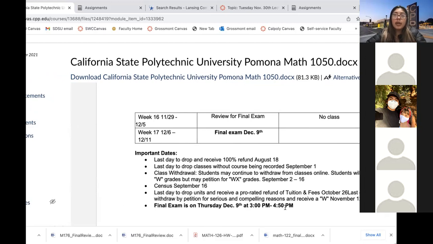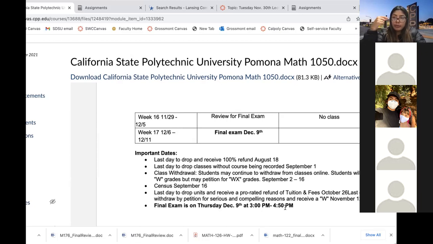When you take your final, you're going to be writing things down with your solutions, nice and written. You're going to have to submit that as an assignment to Canvas. There's going to be a link on Canvas where it's going to say final exam solutions. You're going to click on it and it's going to ask you to upload your solutions.